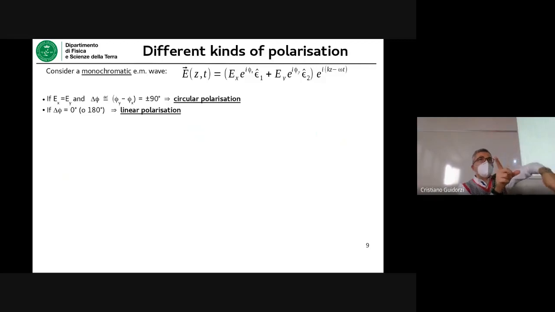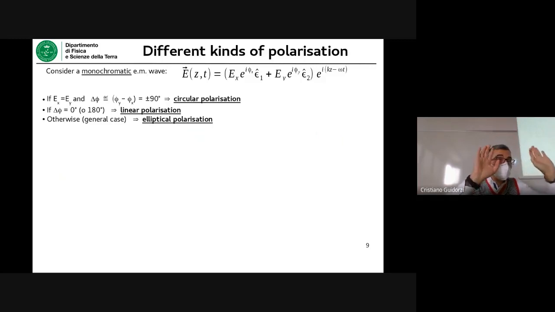When the electric field is oscillating along a fixed direction, you have linear polarization. When you have none of these special cases, well, it means that the resulting electric field for a monochromatic wave, pay attention to that, for a monochromatic wave, you have an elliptical polarization.